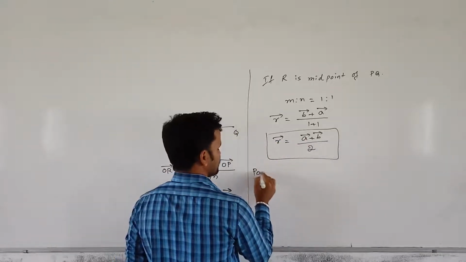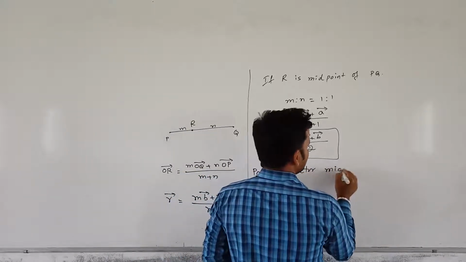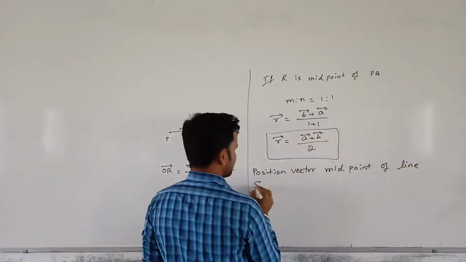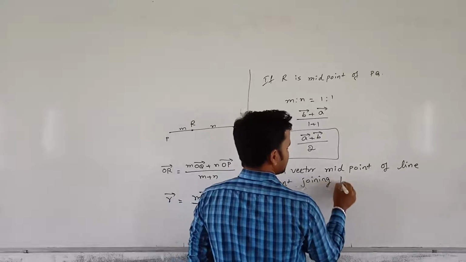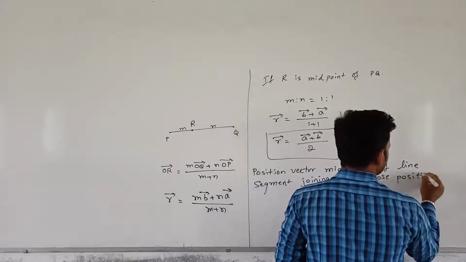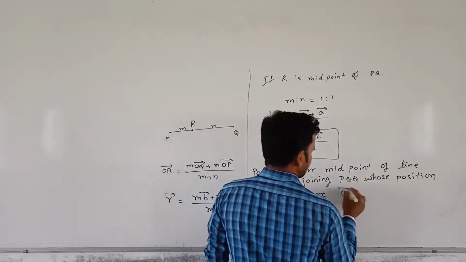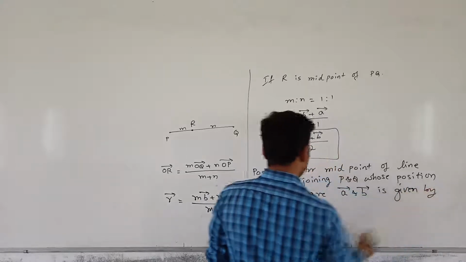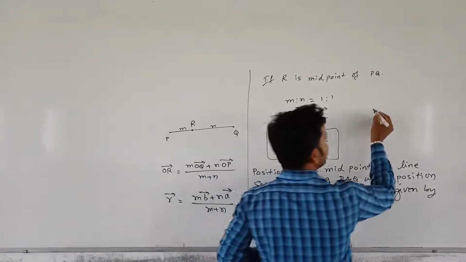Position vector of the midpoint of the line segment joining P and Q, whose position vectors are A and B, is given by vector R is equal to, this is the midpoint.